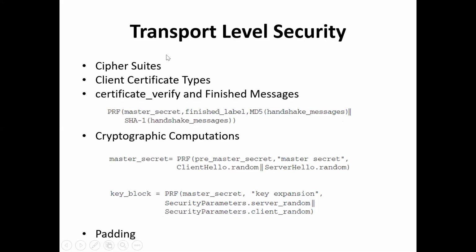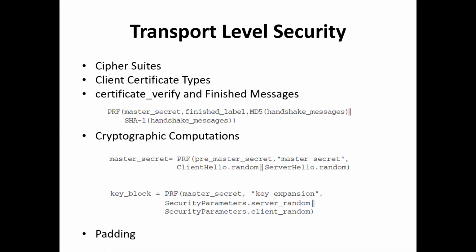So this is with respect to transport level security. One is the TLS record format, same as with respect to SSL. Then we learned how to compute the pseudo random function, that is, how we generate the hash for one block or a certain number of blocks. If you want to generate longer blocks of data, you use the pseudo random function.